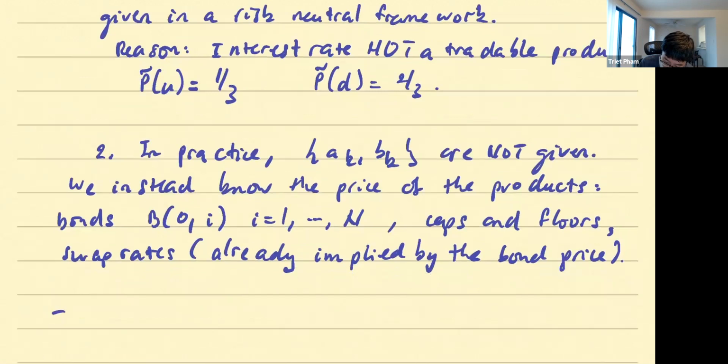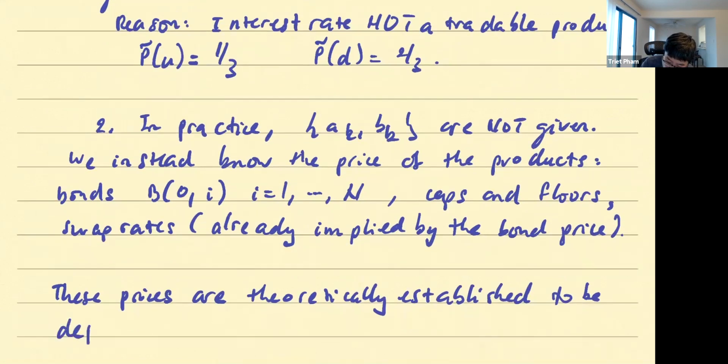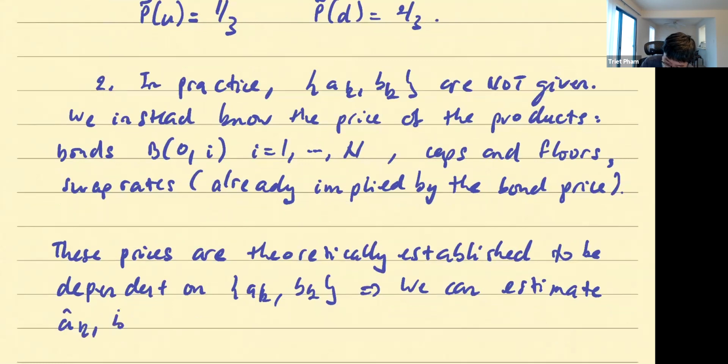So these prices theoretically are established to be dependent on A_k, B_k. So what we can do, knowing these prices, is estimate A hat, B hat based on these prices, and this is called model calibration.